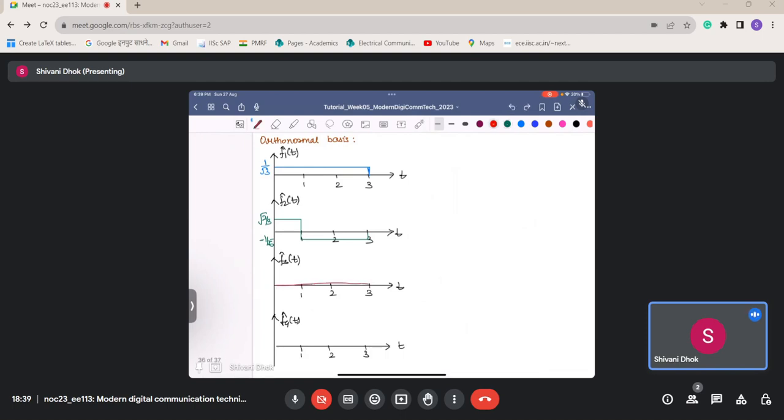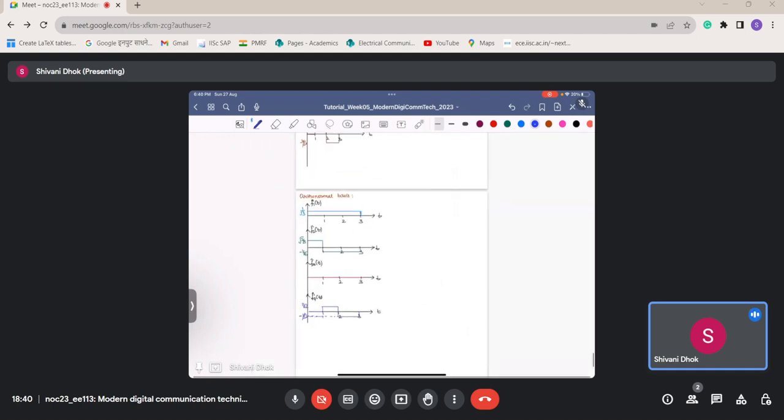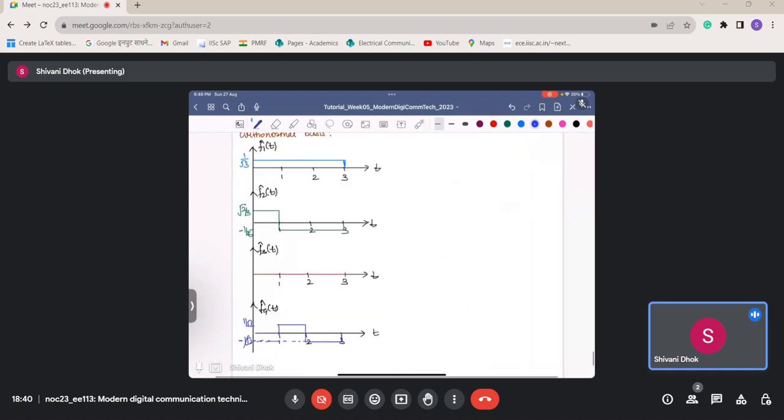It was all 0. And the fourth basis that we have obtained is 0 here. Then it takes the value 1 by root 2, and then it goes minus 1 by root 2. So this is 1 by root 2, and this is minus 1 by root 2. Okay, these are the orthonormal basis which we have obtained.